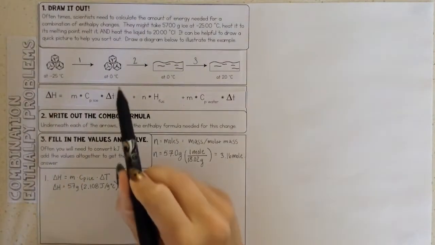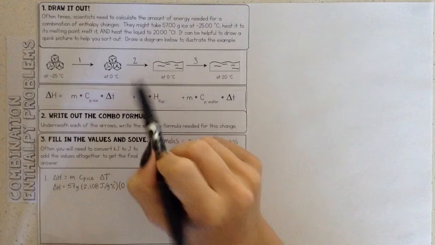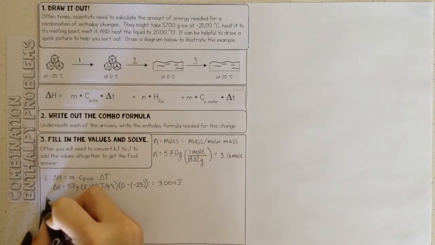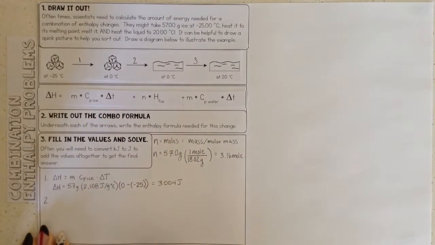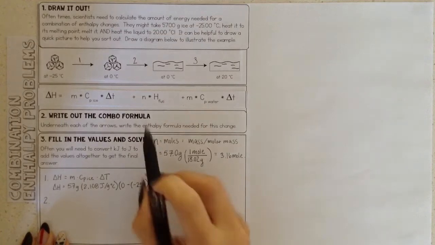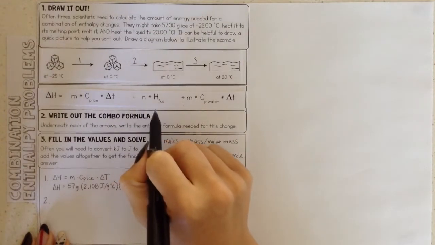Now we're ready to look at a phase change. The formula we're going to need to use for this, number of moles times heat of fusion.